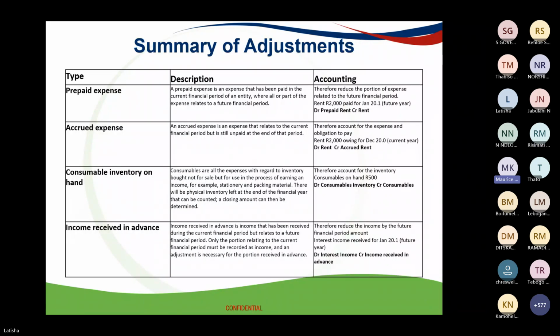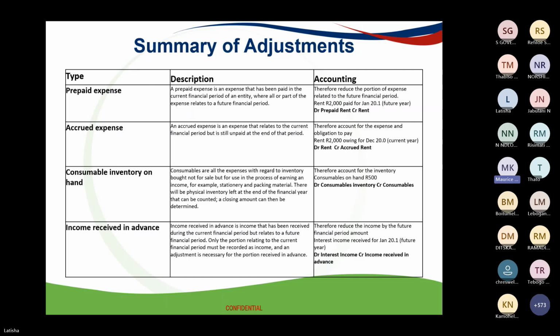Okay, let me repeat the consumables inventory on hand. The consumables are expenses with regard to inventory bought, but not for sale, but for use in earning of income. For example, your stationery and your packaging material.